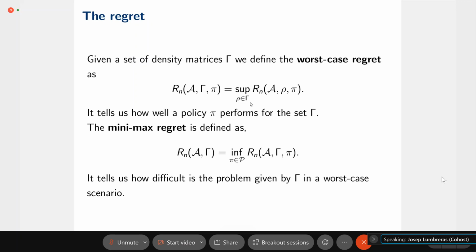So this worst case regret tells us how well a policy, a strategy for the learner, performs for the given set of unknown quantum states, the environments. Then the minimax regret is defined as the best that a policy can achieve over all these worst case regrets. So it's a minimization of the worst case regret over all sets of policies, or strategies. The minimax regret tells how difficult the problem given by a set of environments is in a worst case scenario.